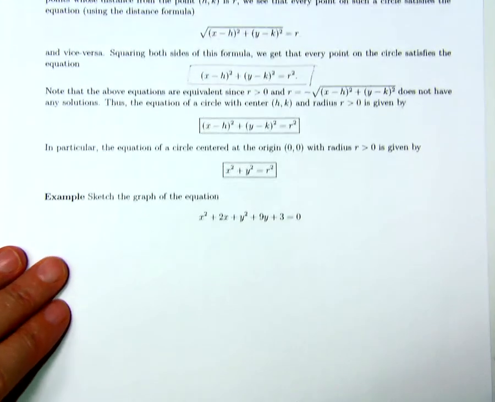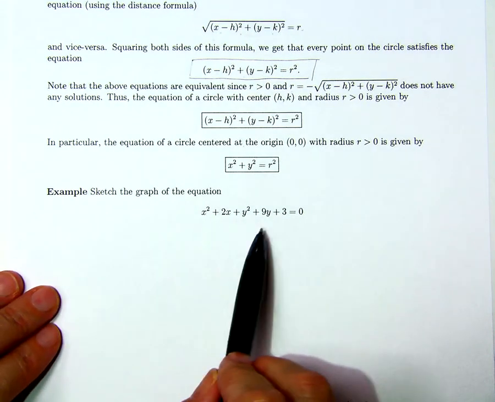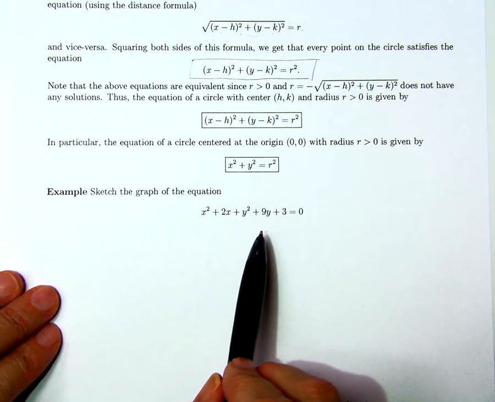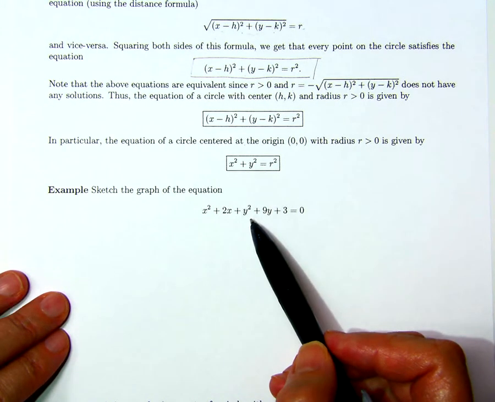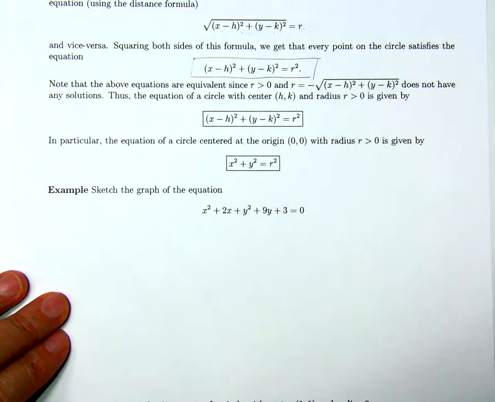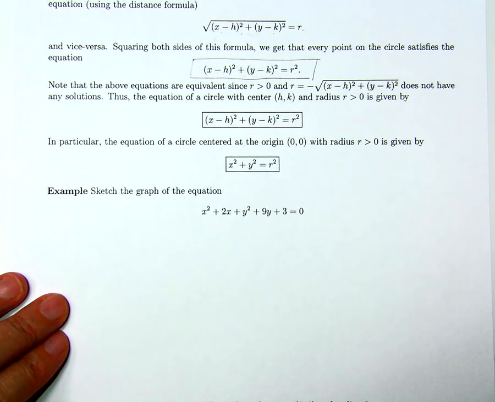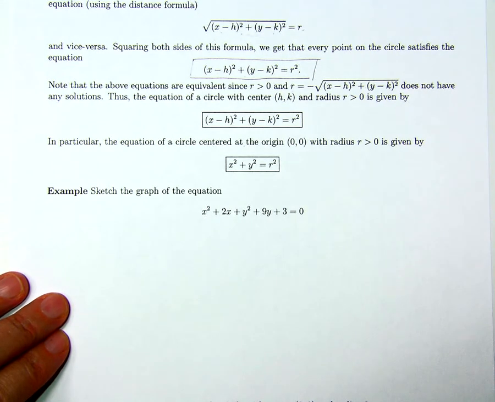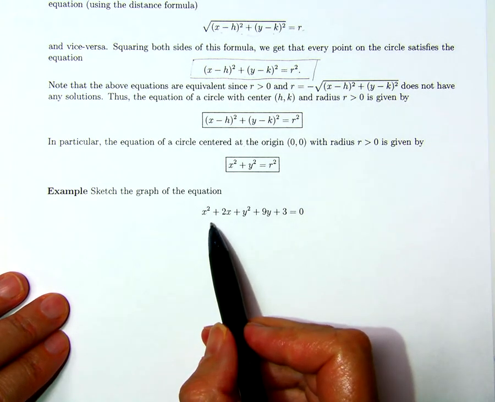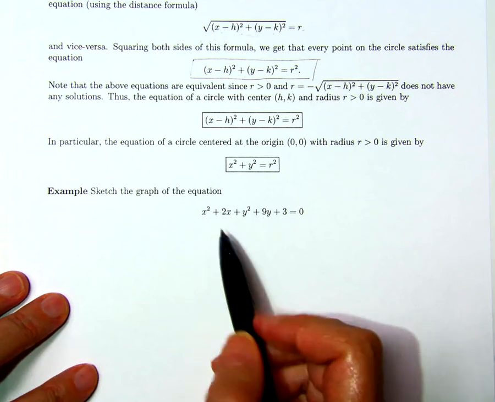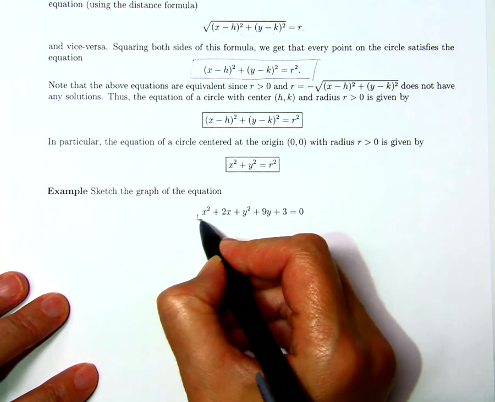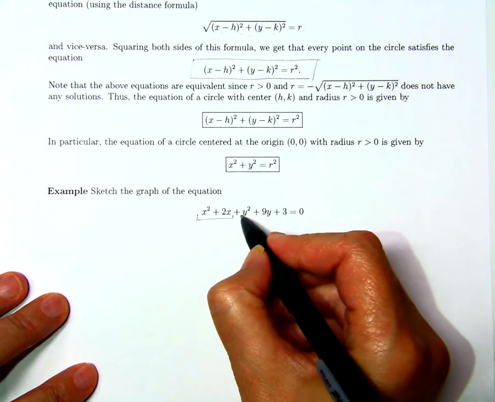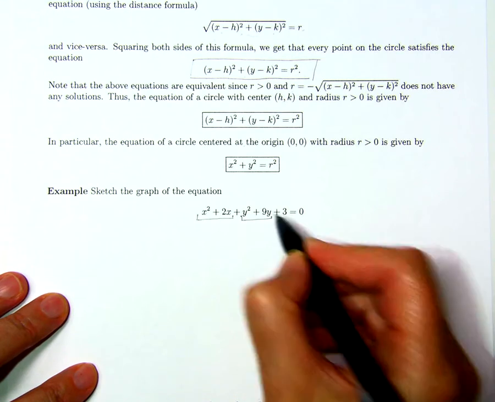How do we use this? Well, suppose we're given an equation that looks like this, then we can transform it to the equation of a circle and graph it pretty easily. We can do this by using a technique that we looked at before, completing the square. So we're going to complete the square for the x part and the y part here.